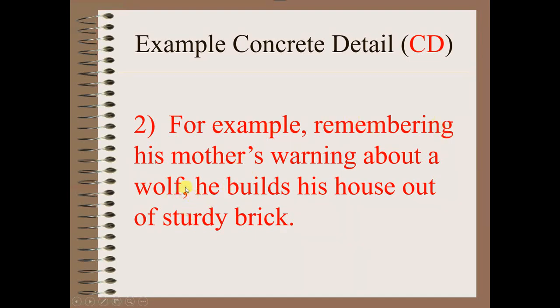If you go to the comma here, after the comma, you have to mention the subject of that verb clearly. So, he, the third little pig, is the one that remembers. All right? If I mention any other subject after the comma, we're going to have a major grammar error that is called a dangling modifier mistake.